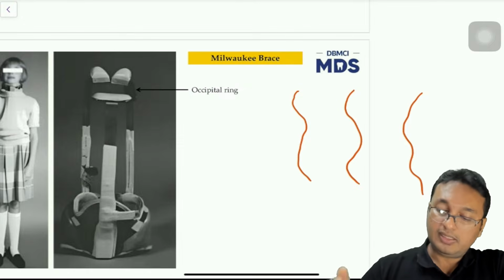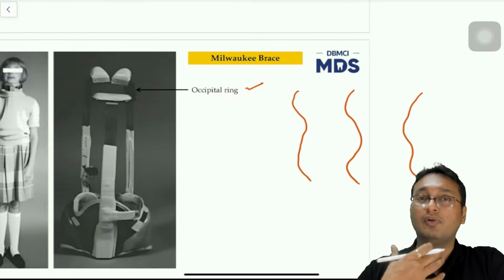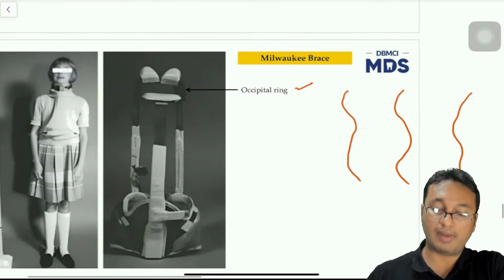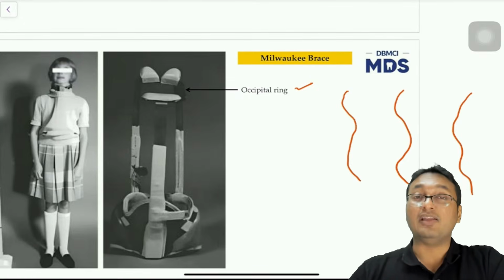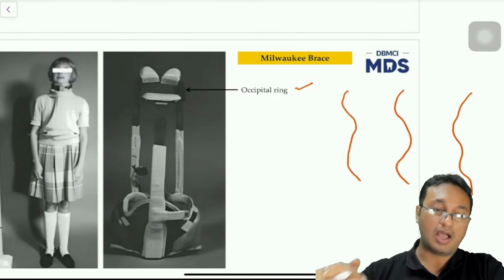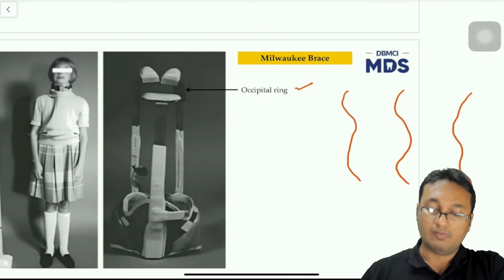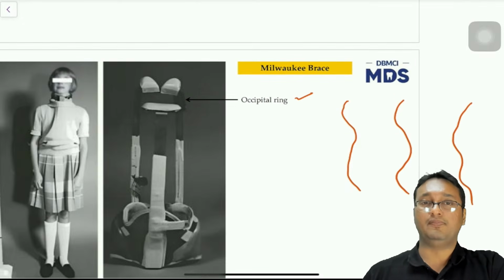But unfortunately, it has an occipital ring which takes the support from the mandible. It is fixed to the mandible and the neck in such a way that the adverse effect found after many studies was that it used to cause retardation of growth of the mandible.